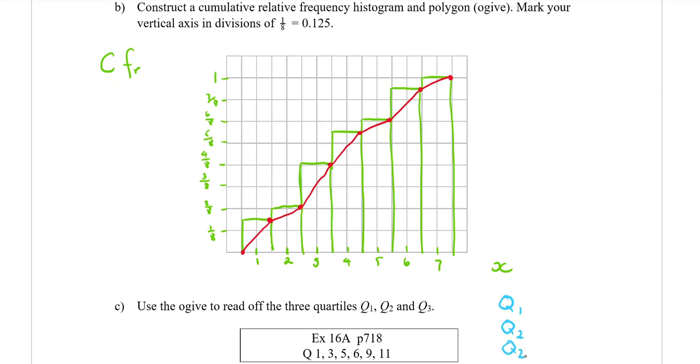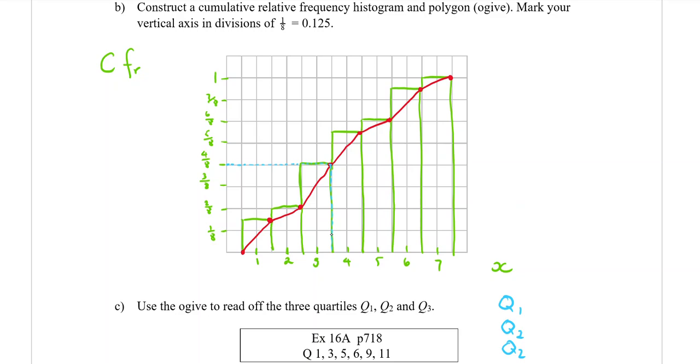Half of 1 is going to be 0.5. So you need to mark this on your graph. 0.5 is the 4 over 8. And we're going to draw a dotted line coming across to the red ogive, and then straight down.